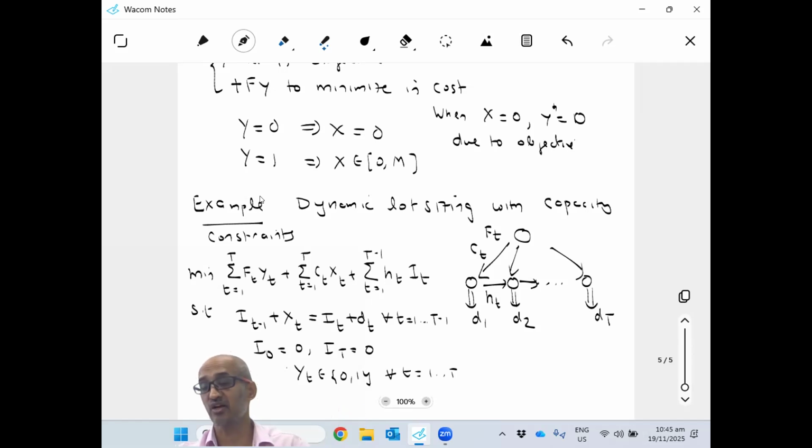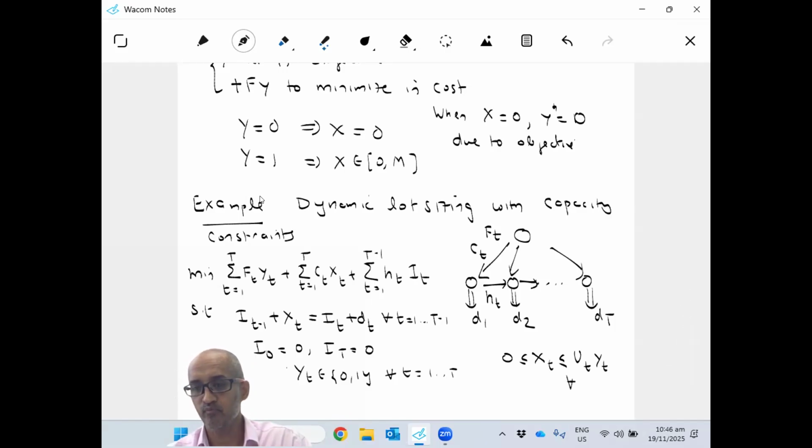But if you have capacity constraints, like I can't produce more than some number, so XT is at most UT times YT. When YT is zero, I cannot produce. If I allow you to produce in time period T, I've got a capacity UT. So that's a capacity.